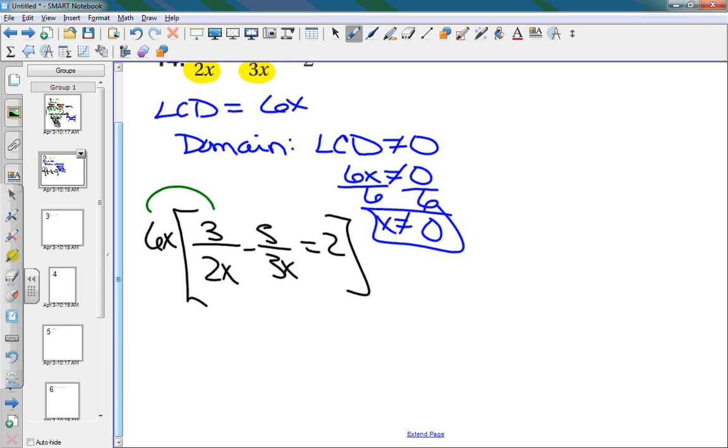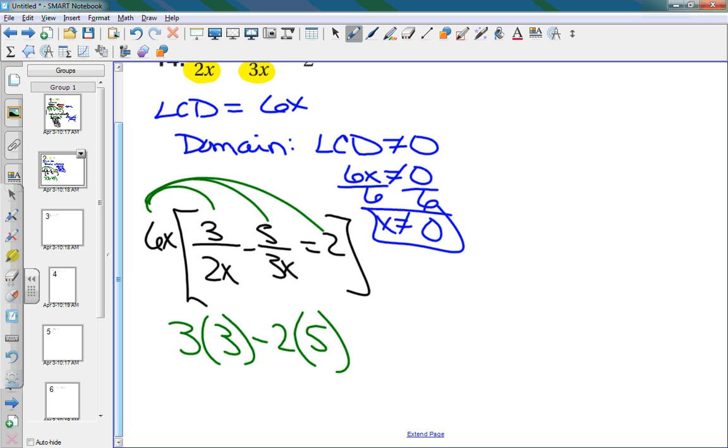So what is 6x divided by 2x? 3. And bring down the 3. What is 6x divided by 3x? 2. Bring down the 2, which is the 5.